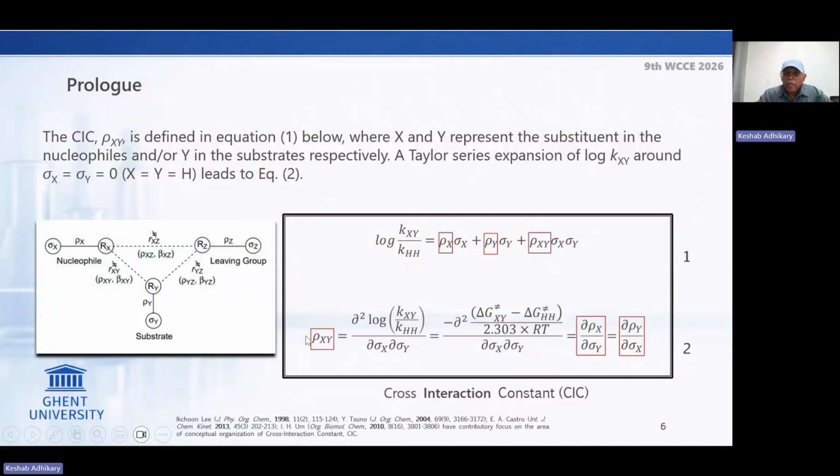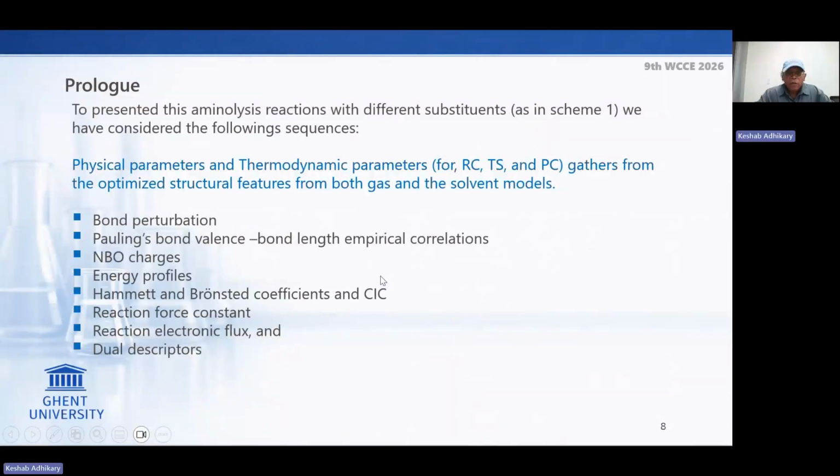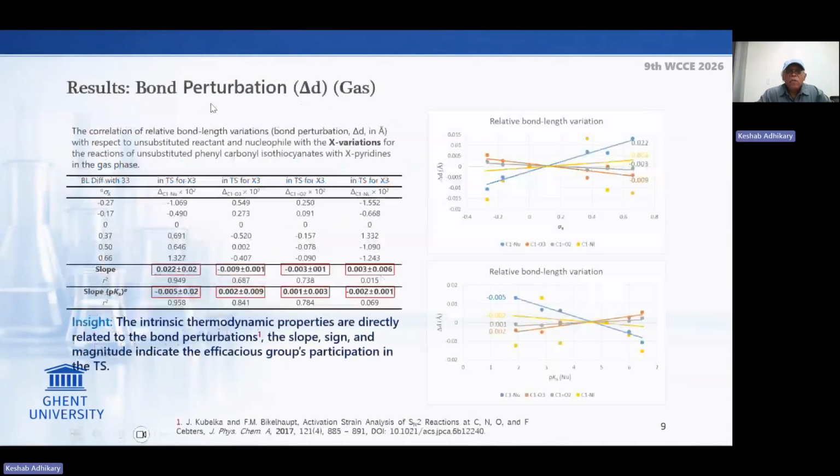Finally, we calculate the rho X value using this equation for the whole system. So we can go directly to the results and analysis.